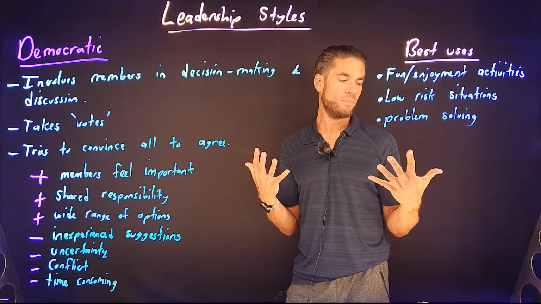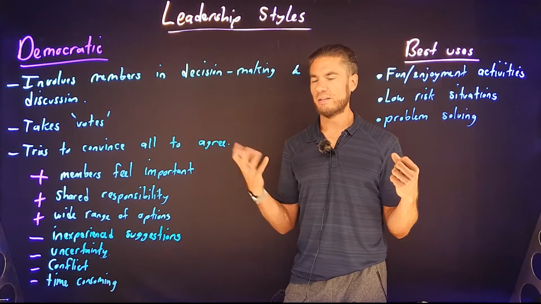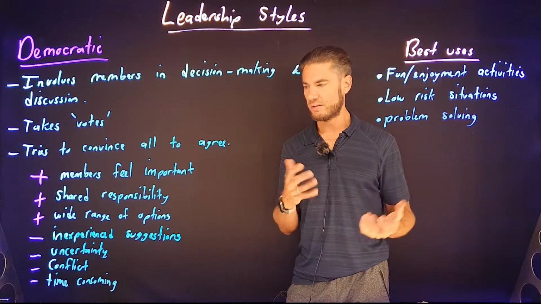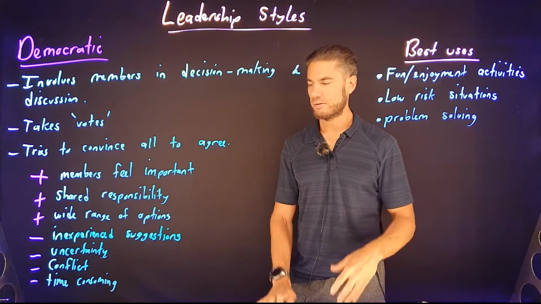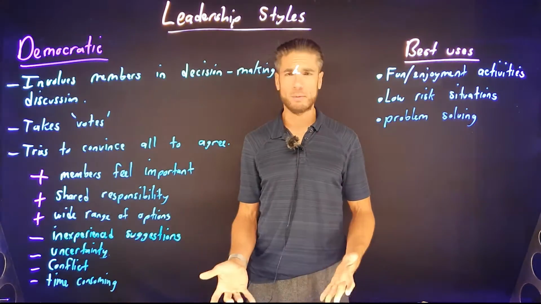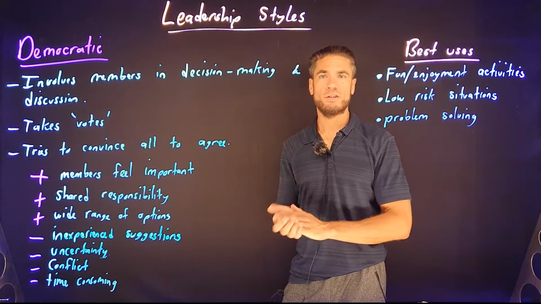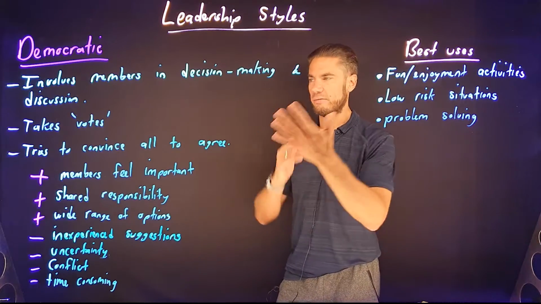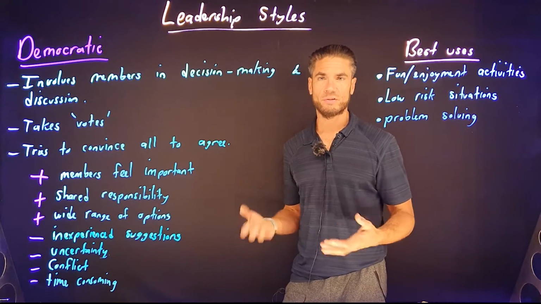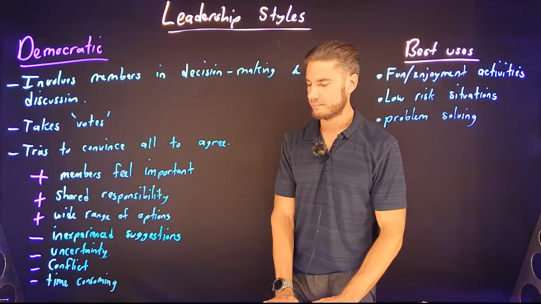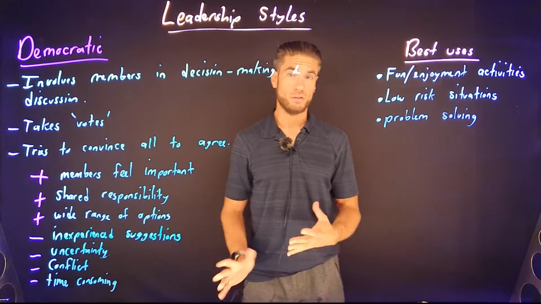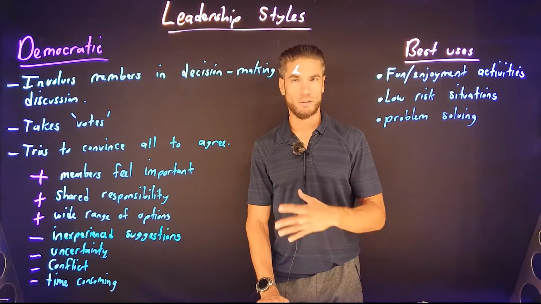These people are going to feel like they're right, those people are going to feel like they're right, and there'll be arguments, and then bad stuff could happen. And it's time consuming. As opposed to just making a decision and getting on with it, you've got to sit down for this process of discussion and votes. So you can see certain situations like bushfire where this would be a bad idea.